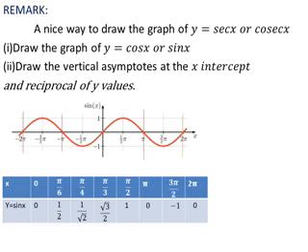Then, draw the vertical asymptotes at the x-intercepts. X-intercept means the value of x where the curve touches the x-axis. Here, x is equal to 0, pi, 2 pi, minus pi, etc. are the x-intercepts. I showed the x-intercepts using a different color line.